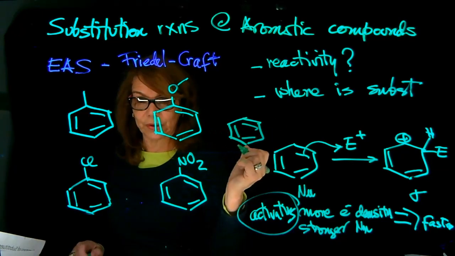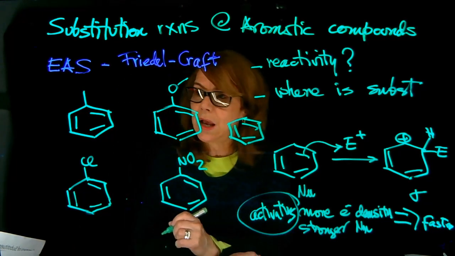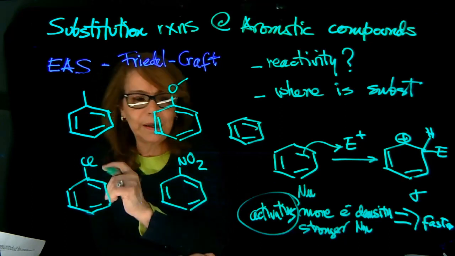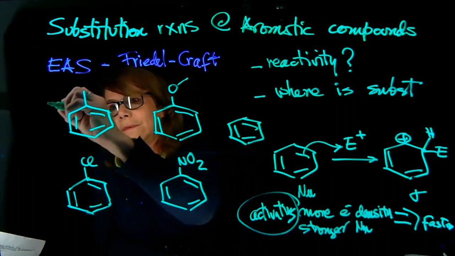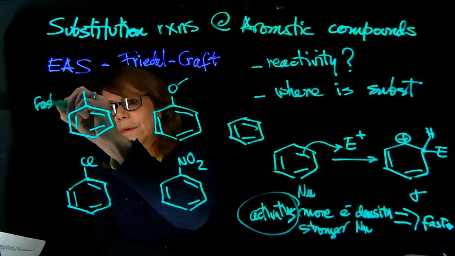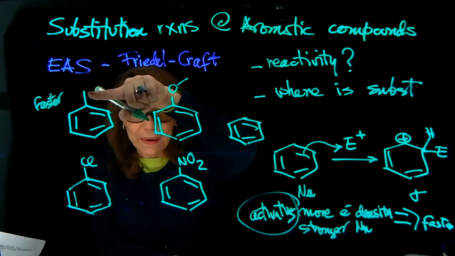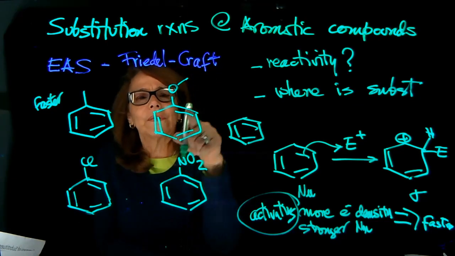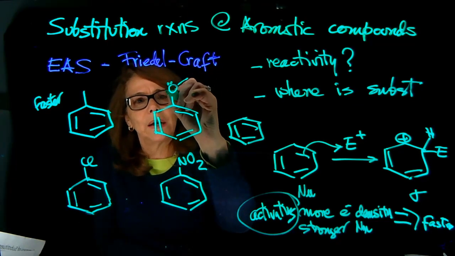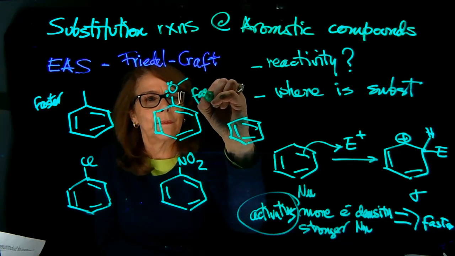In the case of toluene, toluene reacts faster than benzene. So the methyl group acts as an activating group. And also anisole reacts faster.